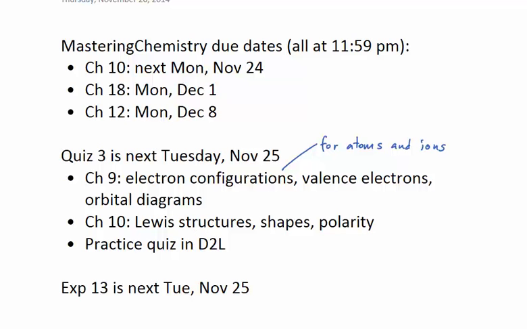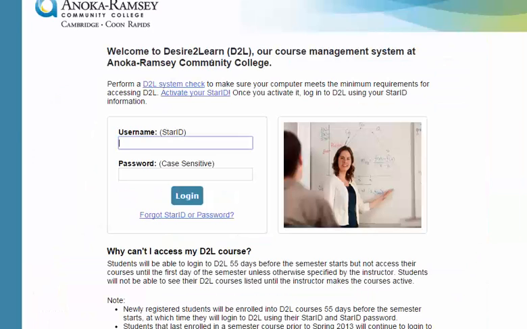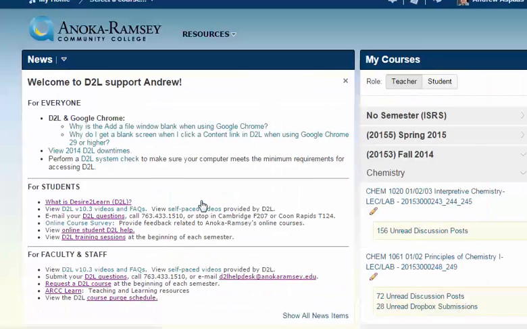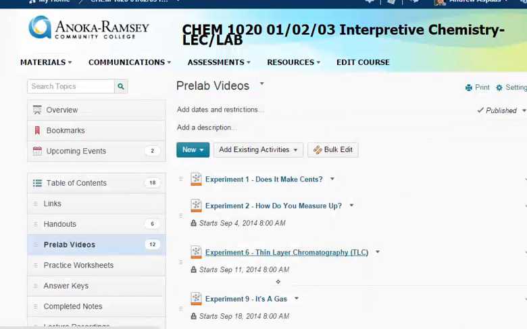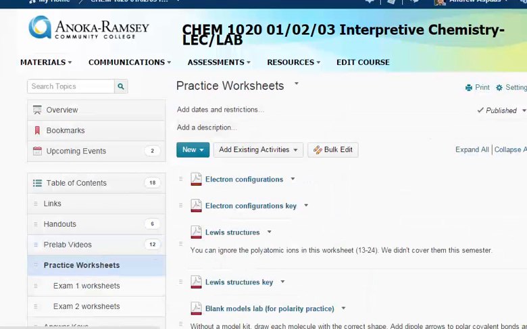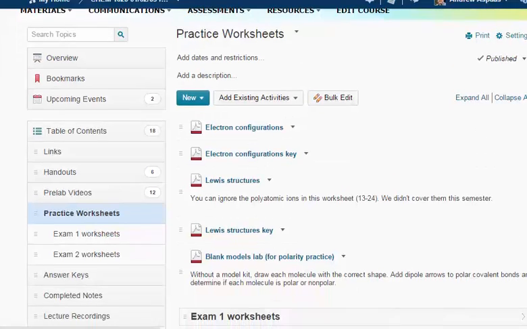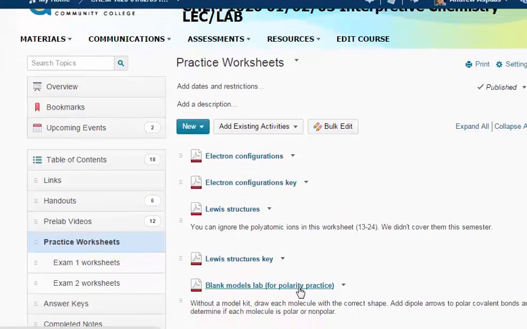But then what I also did, I better show this to you, I put a blank version of the molecular modeling lab back up there. So if you want to print that out again, what you can do, here, if we go to practice worksheets, right here, blank models lab for polarity practice.